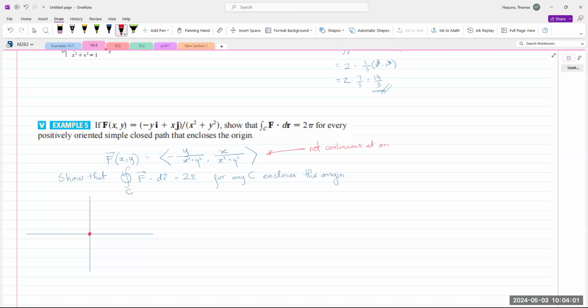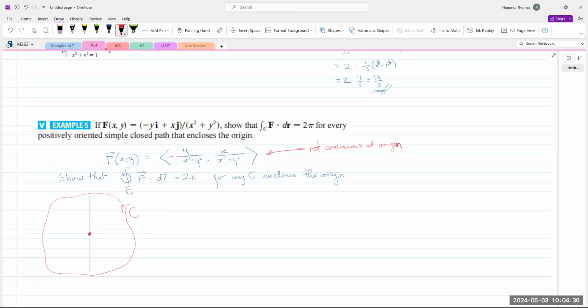It's not defined at the origin. But at the same time, we are talking about any type of closed curve C. What it says is, can you then compute the integral over a closed curve C of that vector field for any closed curve C that encloses the origin?